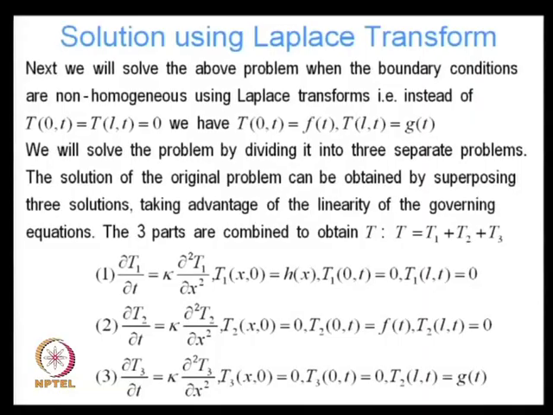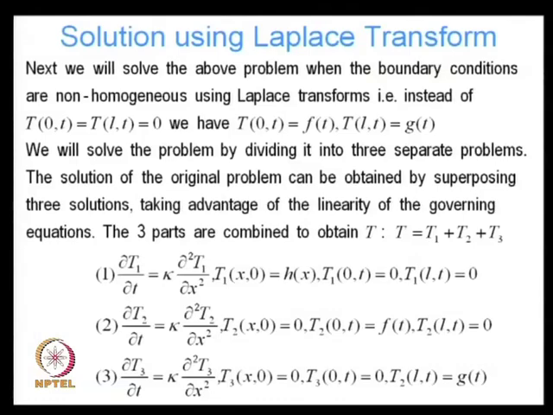So, I have a homogeneous boundary condition at the end L, but a non-homogeneous boundary condition at the end 0. The third one is just the conjugate of that. In this case I have homogeneous boundary conditions at end 0, but non-homogeneous boundary conditions at end L.